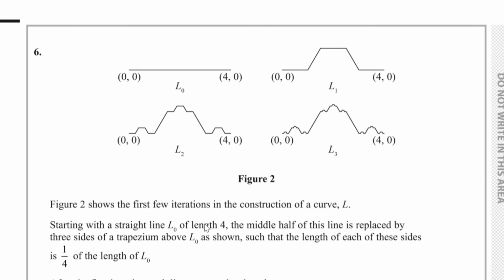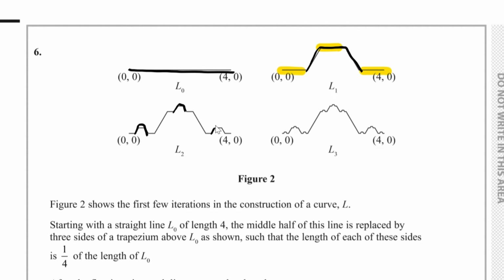So what essentially this question is saying is, we've got this straight line, and the middle half is replaced by a trapezium, as we see here. And then every part which is parallel to L0, so this is parallel to L0, so's this, those parallel lines are replaced by trapeziums, as we see here.